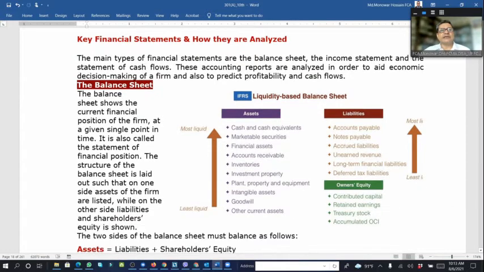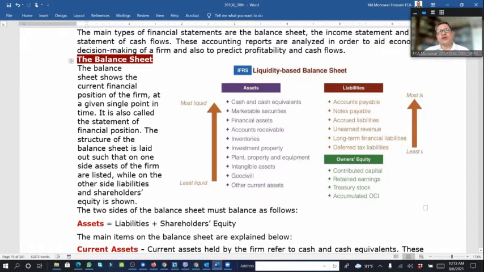And here is how the key financial statements are analyzed. We know that one is the balance sheet. We can prepare the balance sheet in different ways. As per IFRS, in the liquidity-based balance sheet format, the most liquid item would be on the upper side.